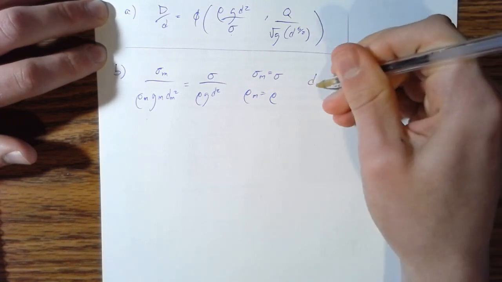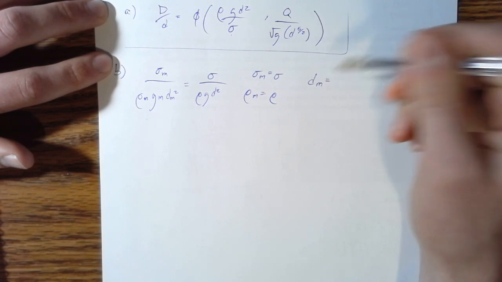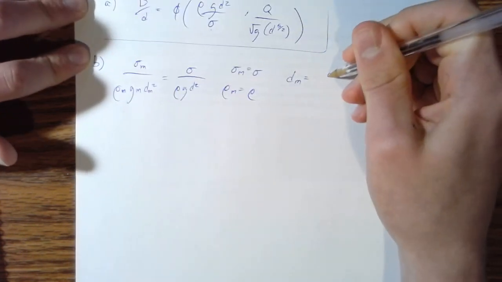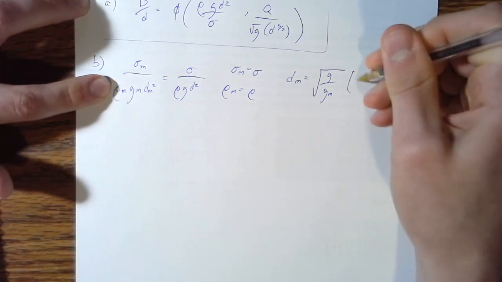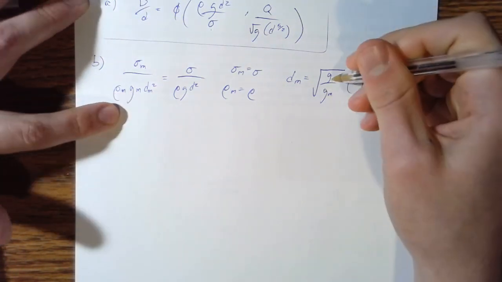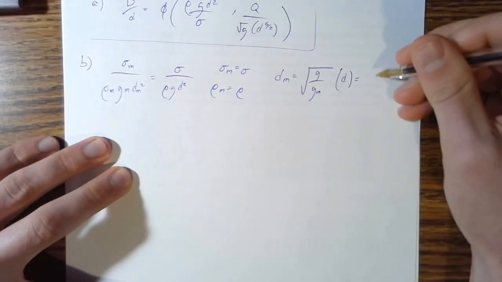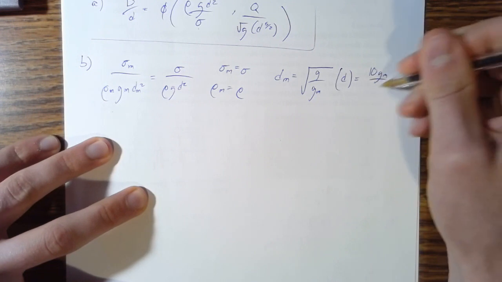All right, so the diameter in our model is g over g_m times the diameter in our prototype. The relationship between these is that the g in our prototype is 10 times g_m.